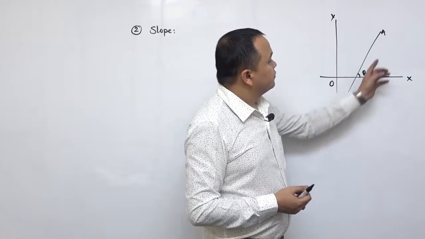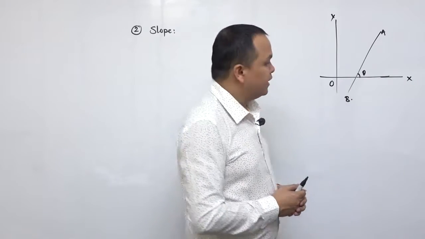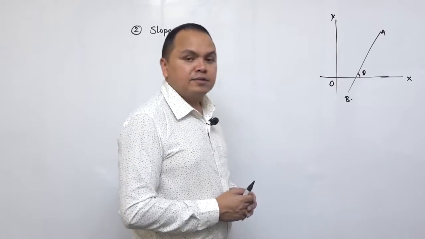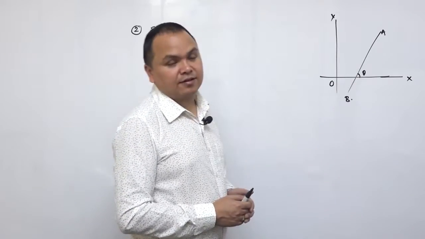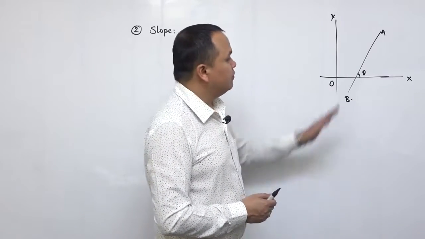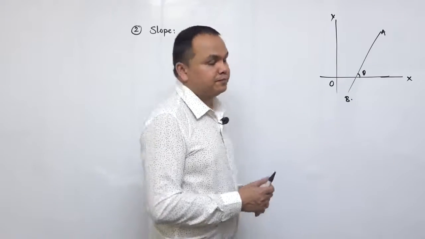Let AB be the straight line, and AB makes an angle theta with the positive x-axis. Then tan theta gives the slope of line AB.